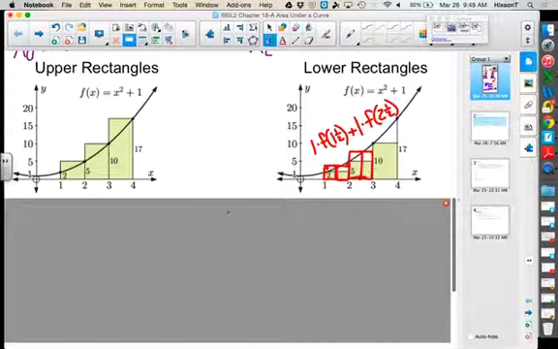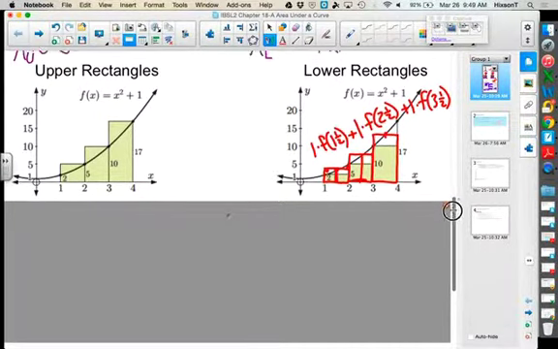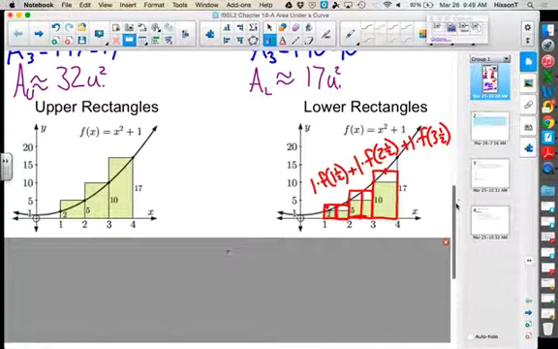And then here, if I do the middle again, that's going to be 3.5 for my height, 1 times f of 3.5. And that's another method that folks have used to approximate the area. And that actually does give a bit closer of an answer. If I average those two, I get 24.5, which is what we would get if we did this.